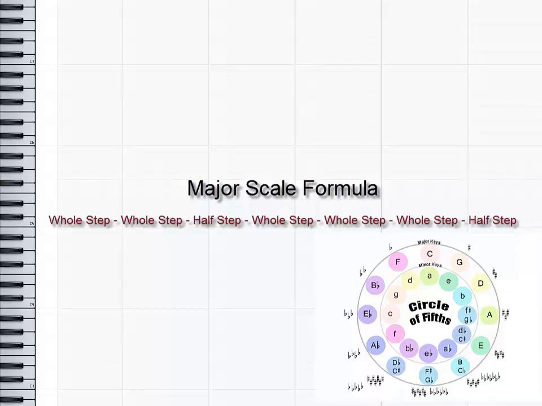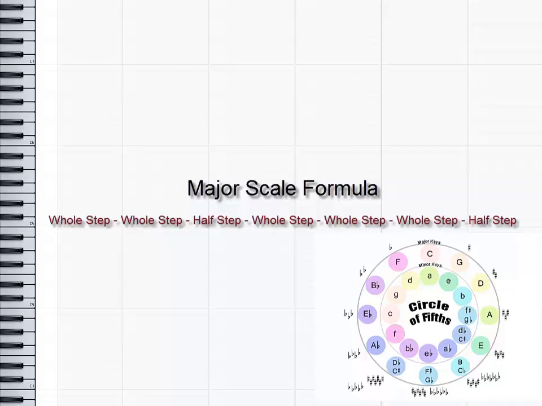Moving along, we have E major in our circle of fifths. This time we should have 4 sharps. Now, if you haven't already noticed, as we go down the circle of fifths, we're using all of the same sharps we had in our previous scales and adding on to it.